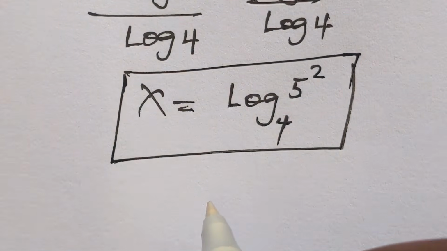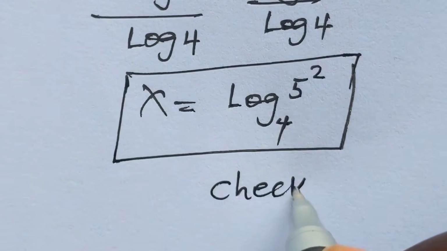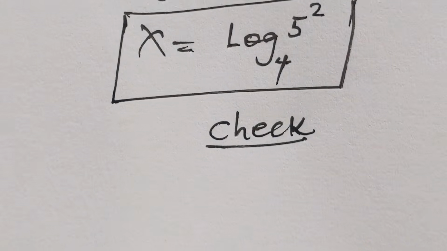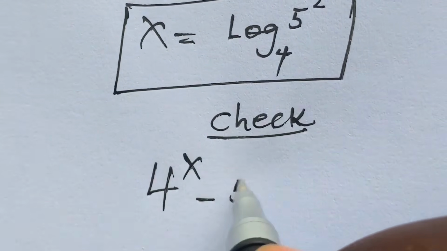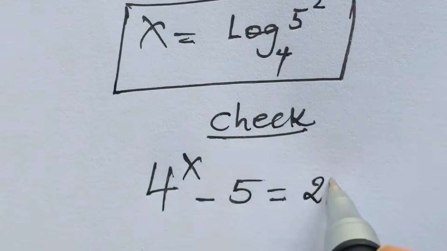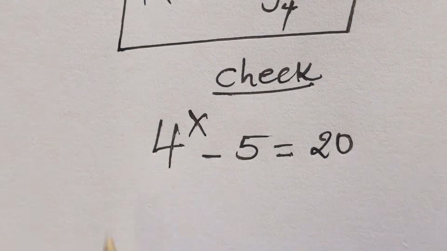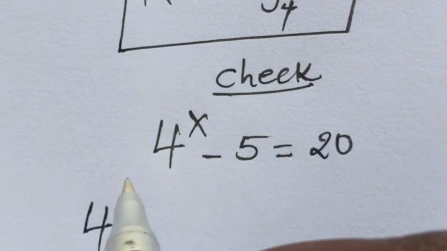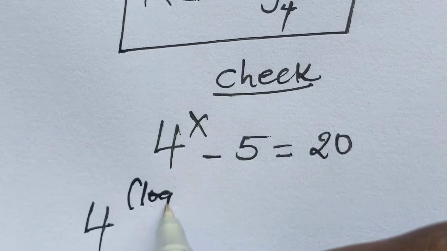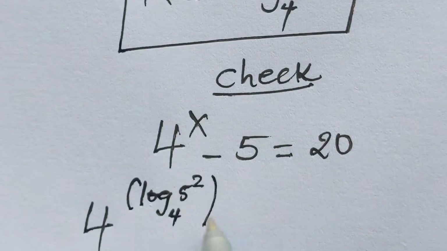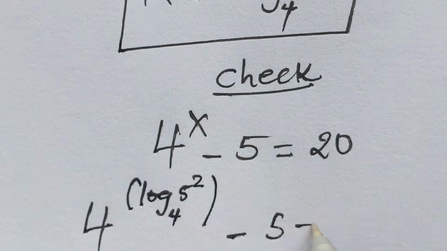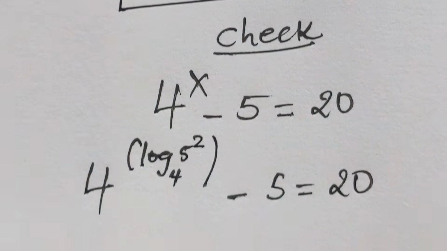So we have to check if the answer is correct, because the question is 4 power x minus 5 equals 20. We write 4 power logarithm of 5 squared to the base 4, then minus 5 equals 20.